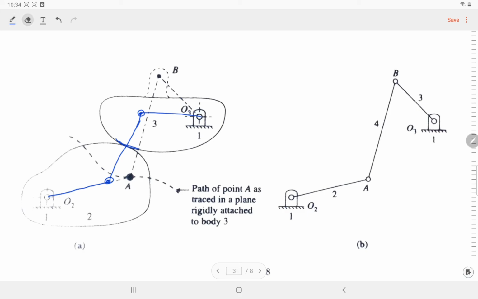Another way of constructing is, let me erase these things, choosing some arbitrary point on link 2, let's call it A, and identifying how that particular point is tracing with respect to link 3, the path traced by the point A with respect to link 3.